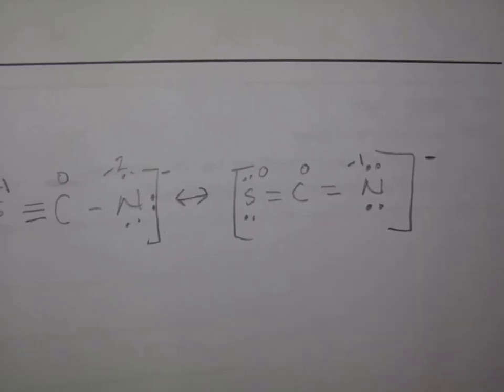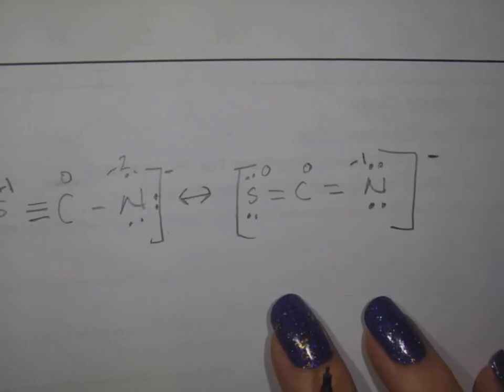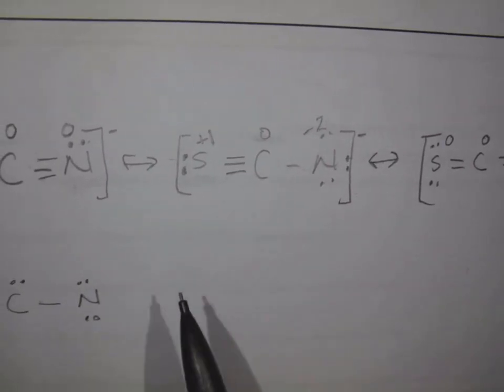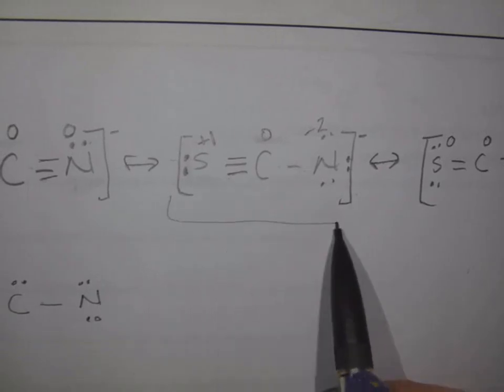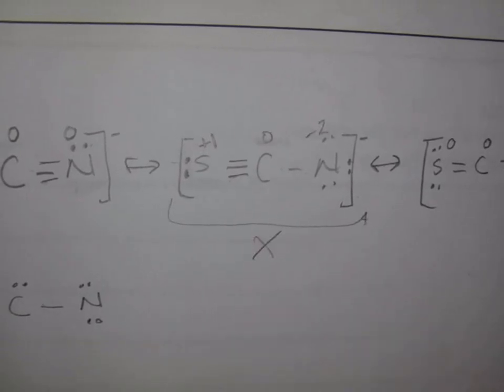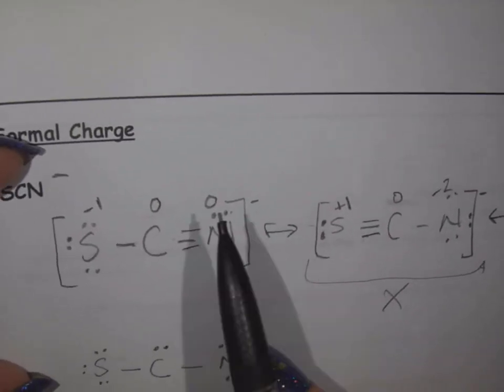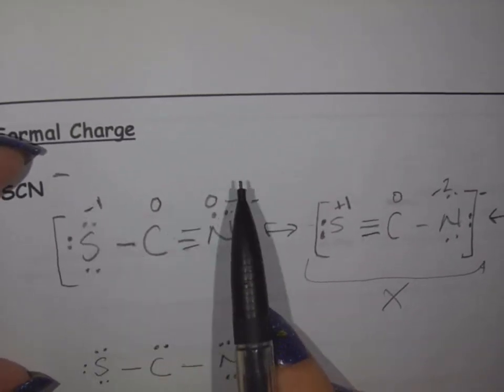The rule of thumb for formal charge. We want to be as close as we can be to a 0 formal charge. So right now, this middle structure is very unlikely to form. We are not going to find much of that out in nature. The first structure had a -1, a 0, and a 0.